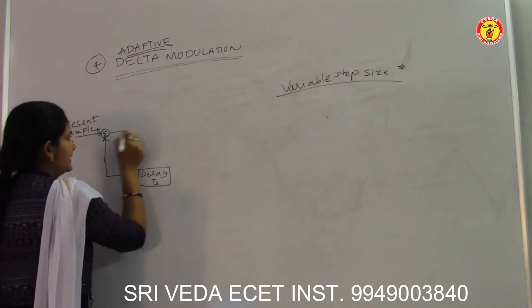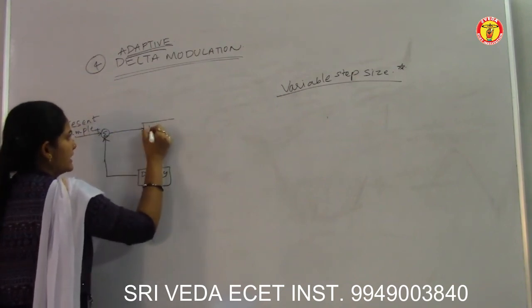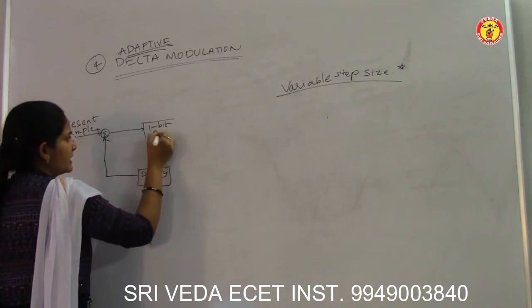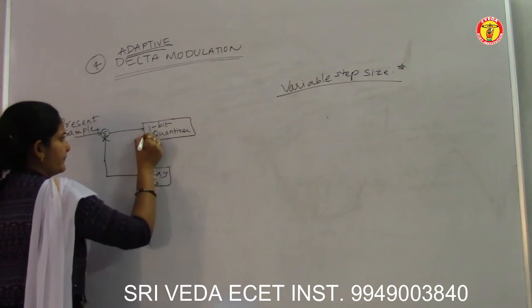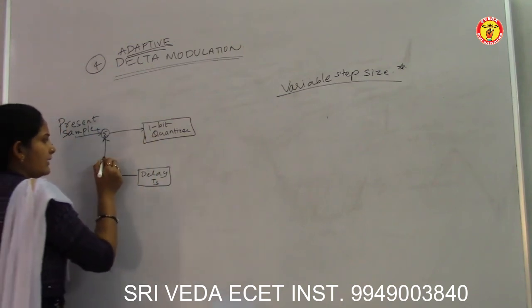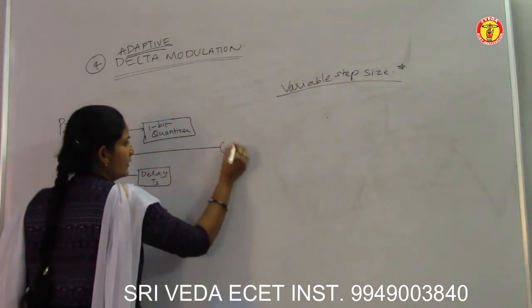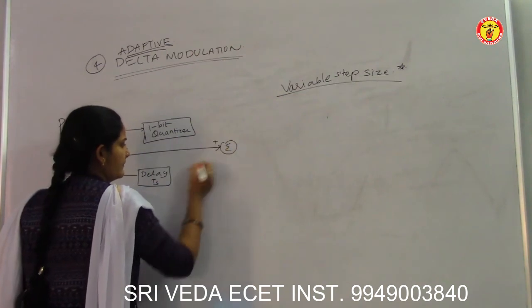This is given to a 1-bit quantizer. Here also we are using a 1-bit quantizer only. And this is given to the summer.